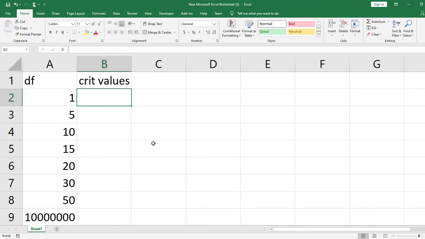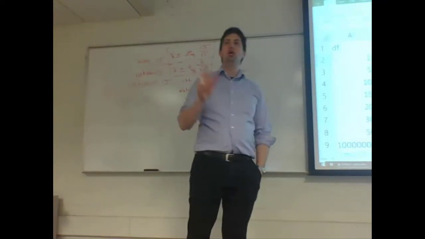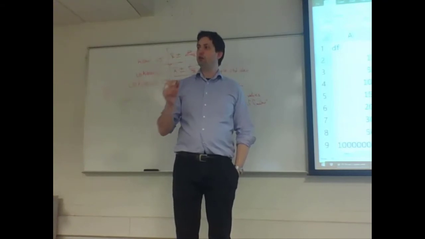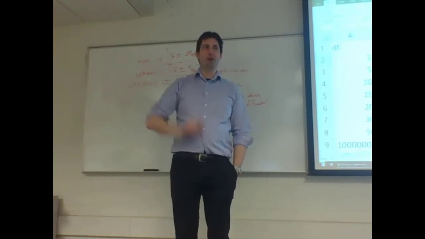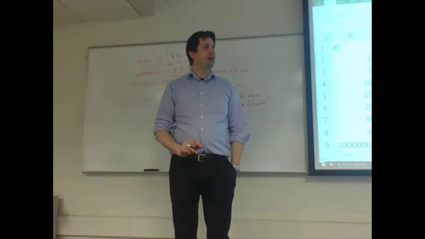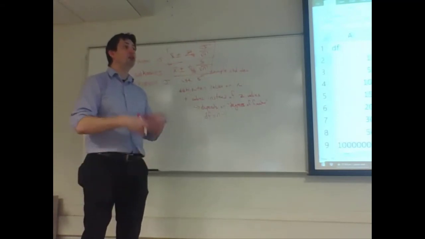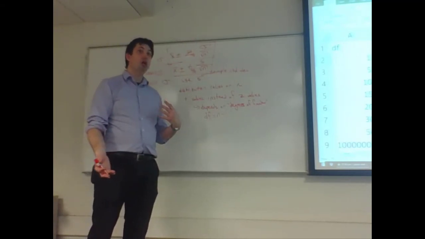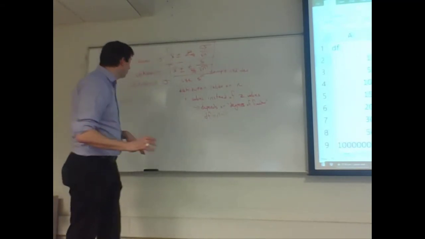Now, recall how we found out what our critical values were when we were working with z-values. Do you recall how we did that? Right, we used that norm invert function. Well, Excel has a similar function.